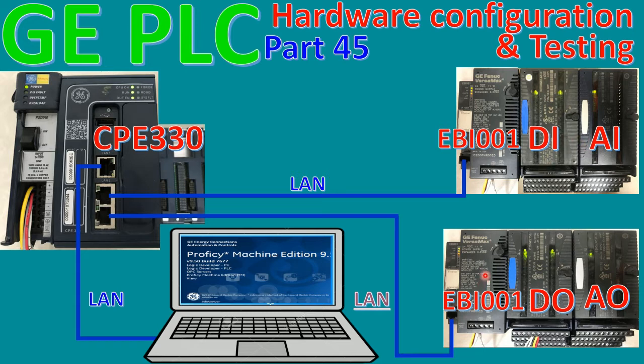And for channel number 2 or remote I/O number 2, I will use the new one and need to set the IP address of this module also. Okay, so let's go to our software to hardware configuration and testing of this module.